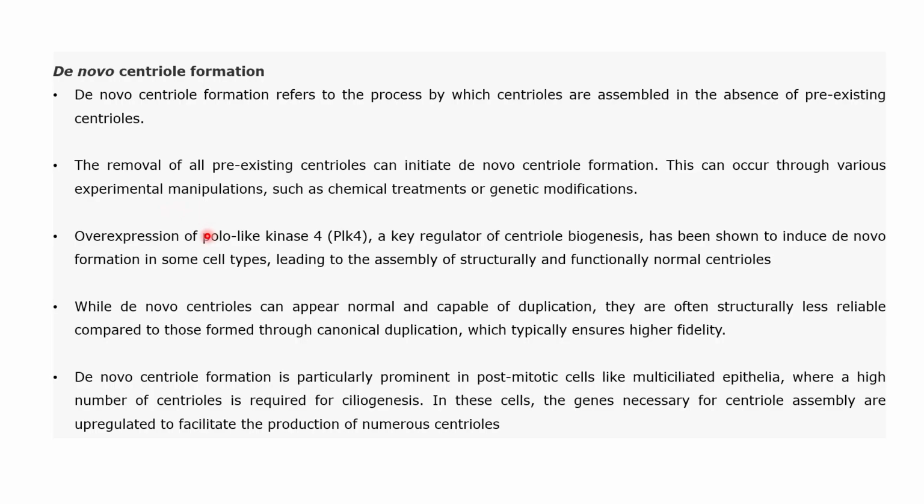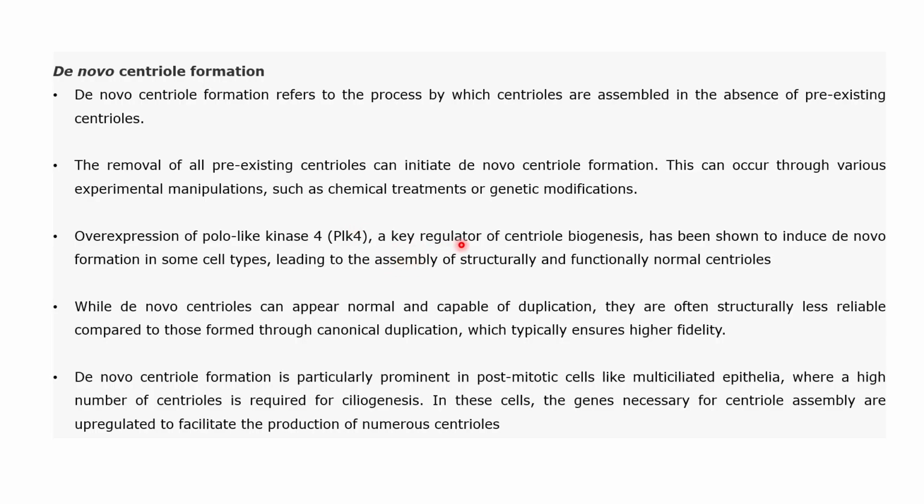Suppose there is a protein called polo-like kinase 4, or PLK4, which is a key regulator of centriole biogenesis. If you overexpress this polo-like kinase 4, meaning you increase the expression of the PLK4 protein, then even in the absence of a centriole, or if the centriole is removed, or even if a centriole is present, it can lead to production of more centrioles whenever PLK4 is overexpressed.